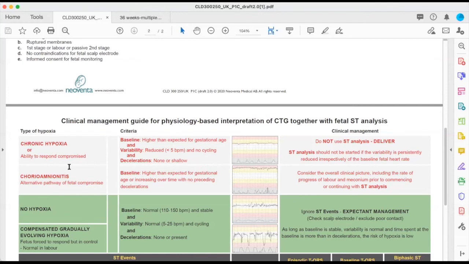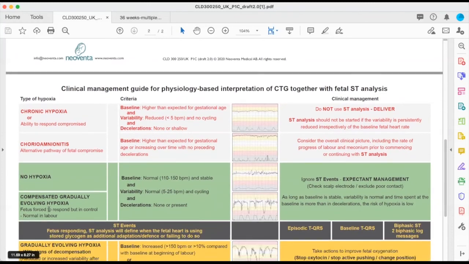Now, remember what I said at the very beginning. This is fetal monitoring supplemented by ST analysis. So if you have a normal trace, or a stable baby with no signs or no suspicion of hypoxia, so whatever bits of stress it's having is well compensated, then ignore STAN completely.